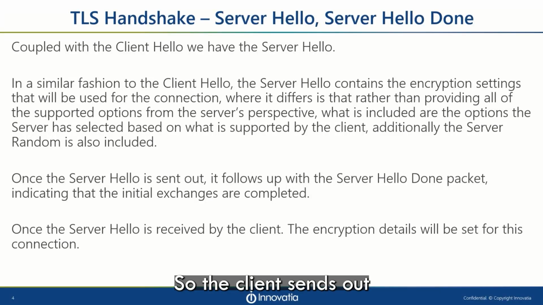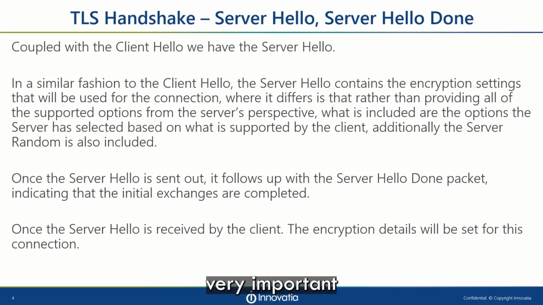So the client sends out all of the available options that it supports. The server chooses from those available options, and that will set up the basic encryption and security details that will be used for this particular encrypted connection.